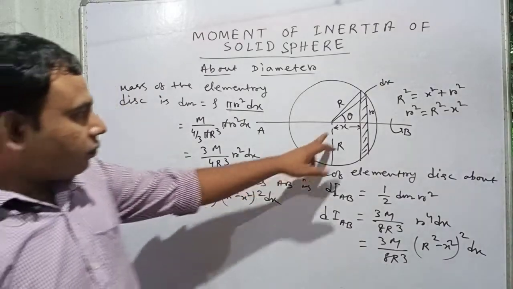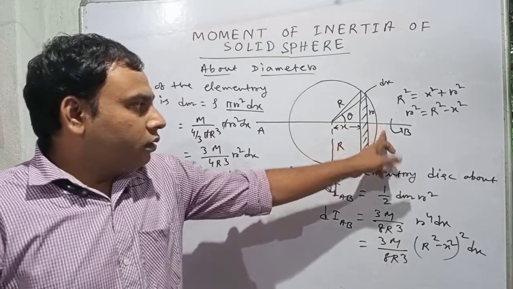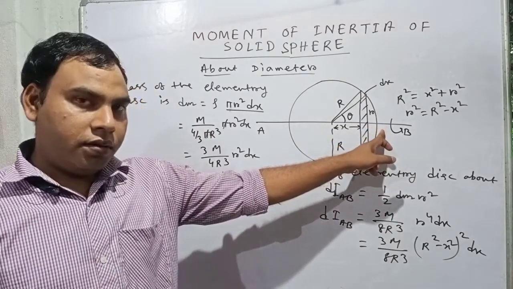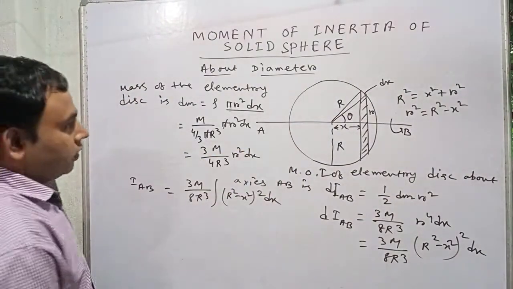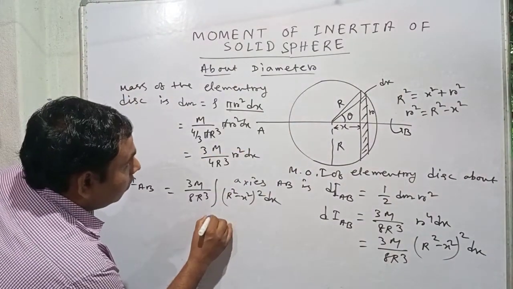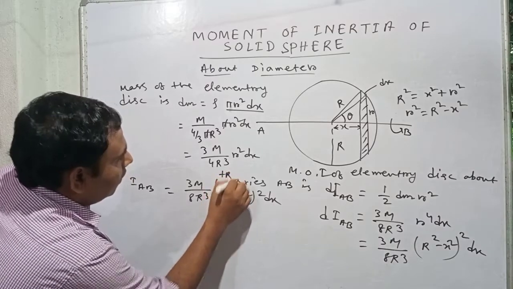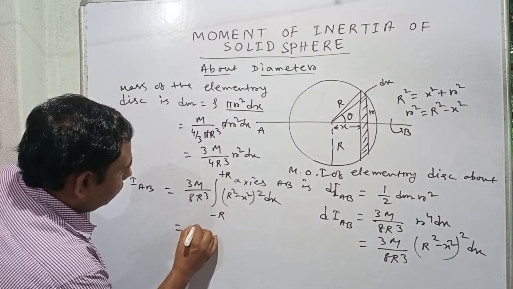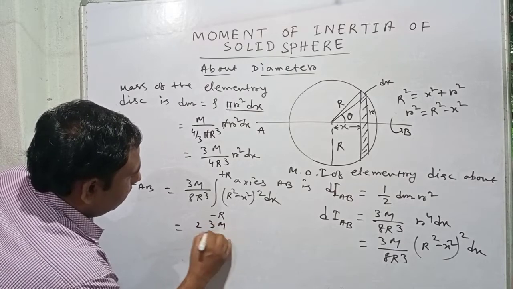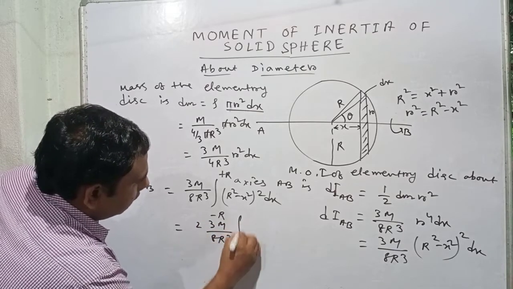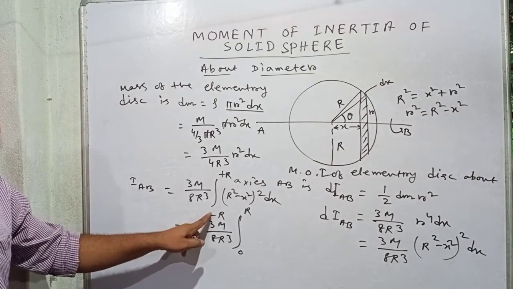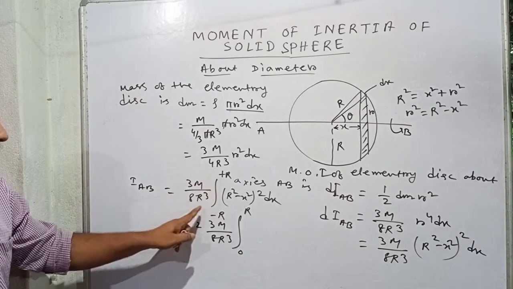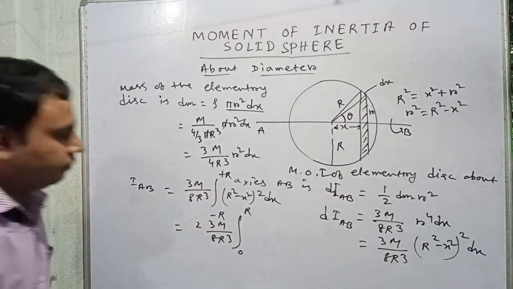The limit of x varies from minus capital R to plus capital R, so we can write 2 into 3m divided by 8 R cube, integration from 0 to capital R.